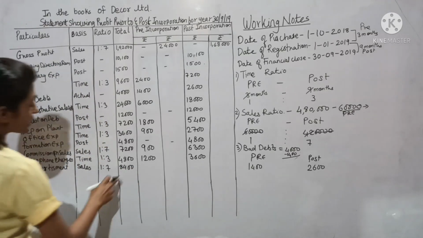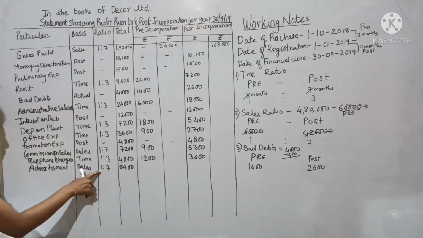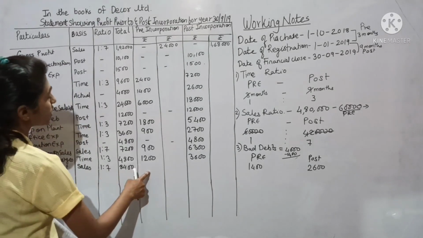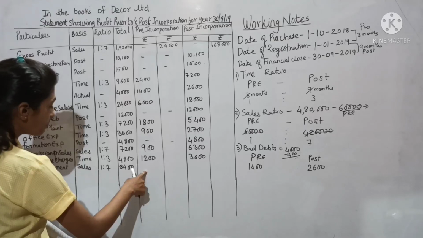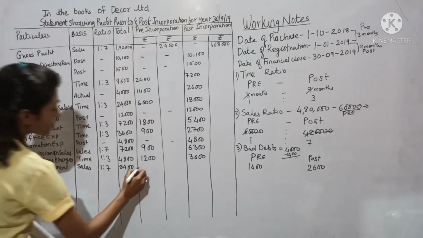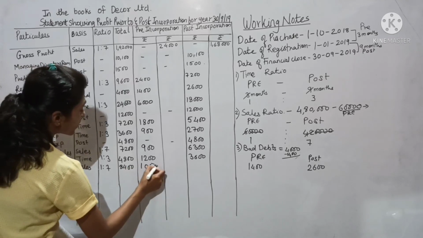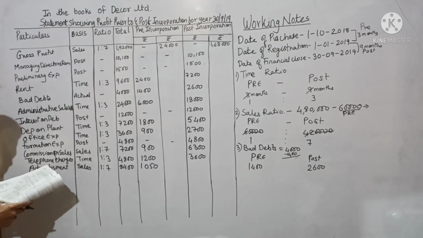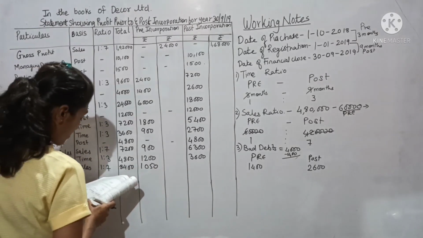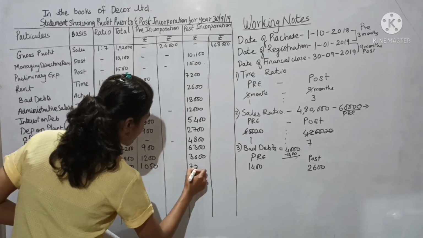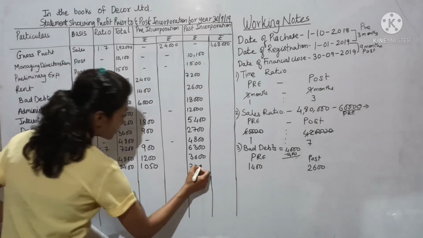So 8,400 multiplied by 1 divided by 8. Whatever amount you get you write in pre-incorporation. So out of 8,400, 1,050 is for pre-incorporation and the remaining amount is of post-incorporation, 7,350.